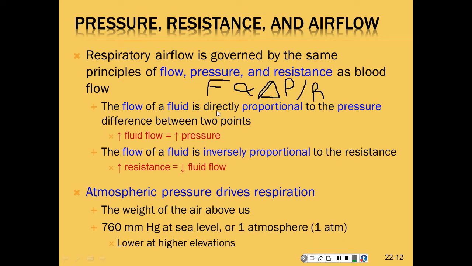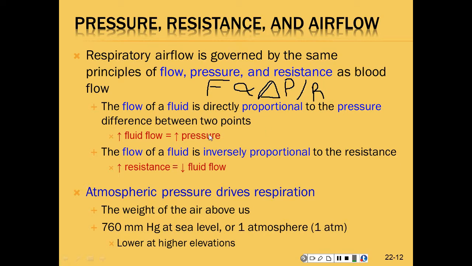Okay, so this means that the flow of fluid is directly proportional to the pressure difference. That's the pressure difference, so that's P2 minus P1, divided by our resistance.